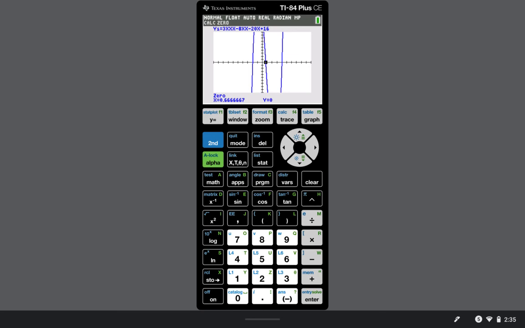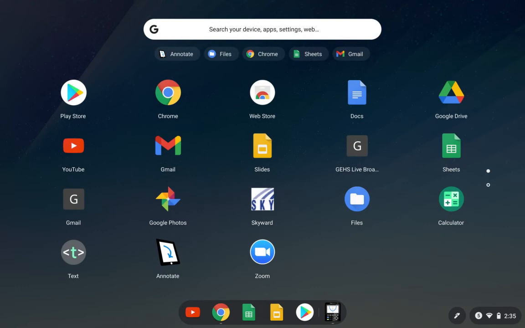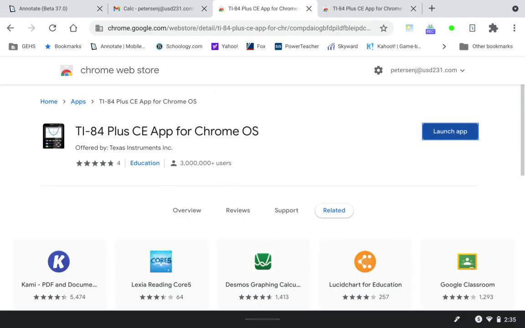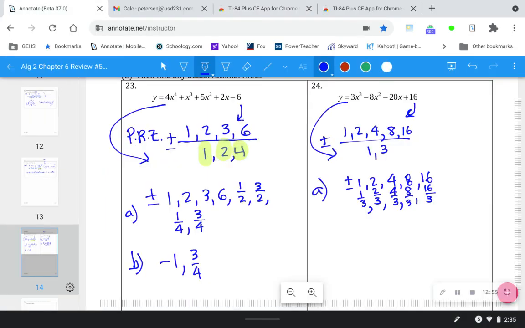So -2, 2/3, and 4 are the answers. And so let me go back to my paper here. -2, 2/3, and 4. Those are the three answers to that problem. Okay, so that does it for problems number 21 through 24.